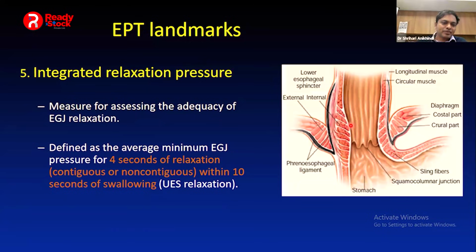So there's a specialized metric for that, called the integrated relaxation pressure. What integrated relaxation pressure is, it is the average of 4 seconds of relaxation in the lower esophageal sphincter zone. It is the 4 seconds of relaxation within the 10 seconds of swallowing.